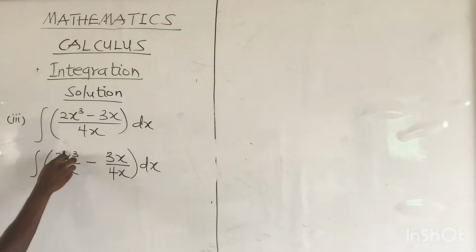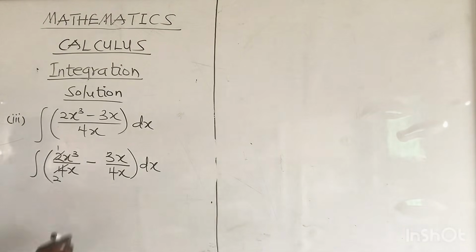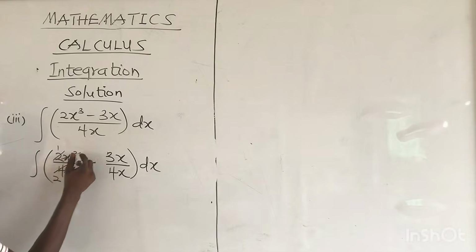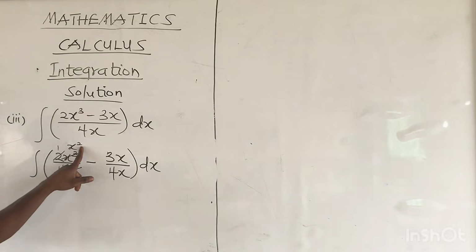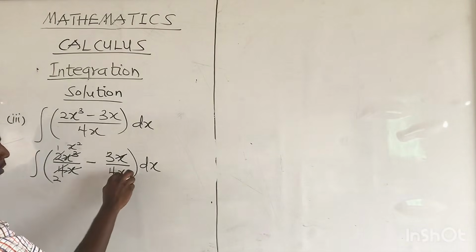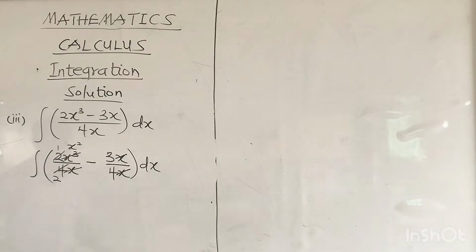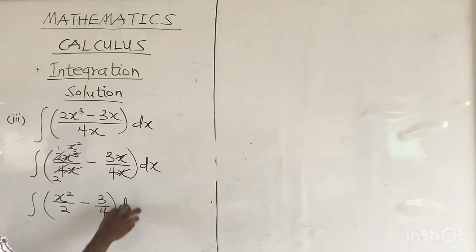Now 2 goes here 1, 2 goes here 2, and this x can cancel x cubed and it will be left with x squared. From here, this x can also take off this x. So now we are going to have x squared over 2 minus 3 over 4 dx.